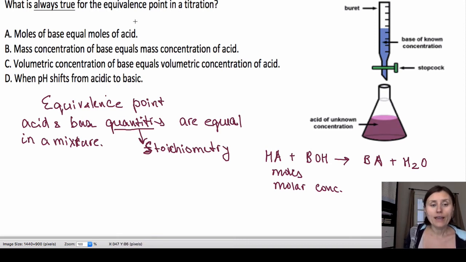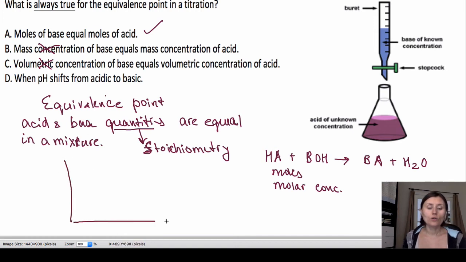Now we know that A would be the correct answer. B and C are definitely incorrect. Now D could be an option, but you have to be careful with D, right? Because of the way the titration curve goes.